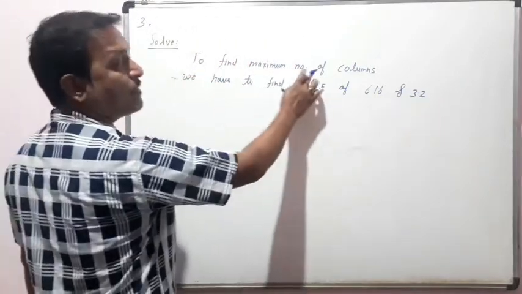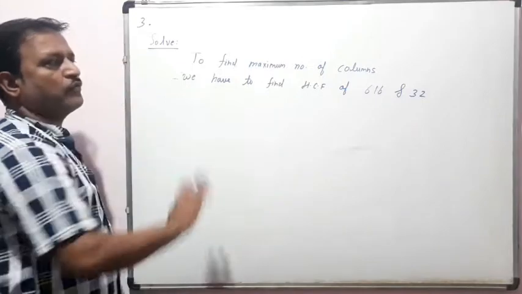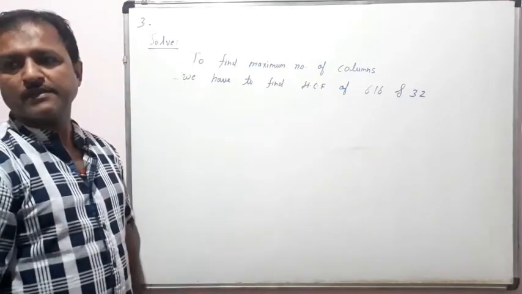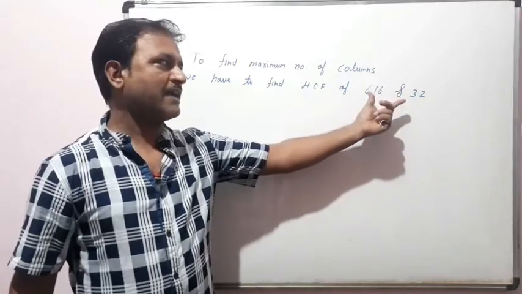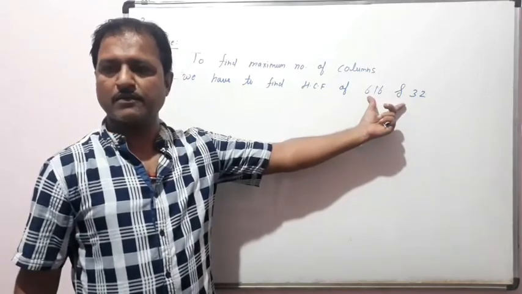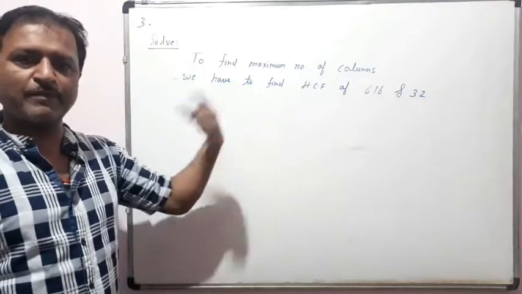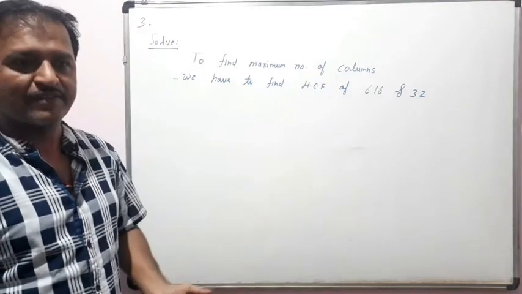To find maximum number of columns, we have to find HCF of 616 and 32. So whatever HCF of these two numbers, the number of maximum columns will be the same as HCF.